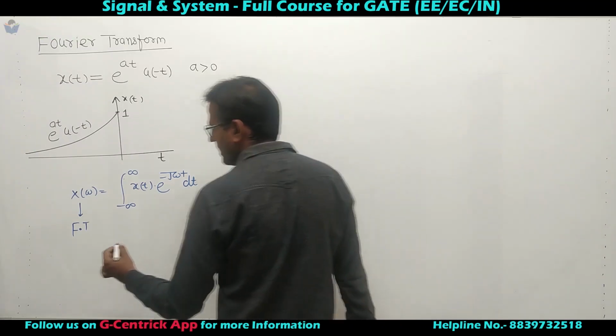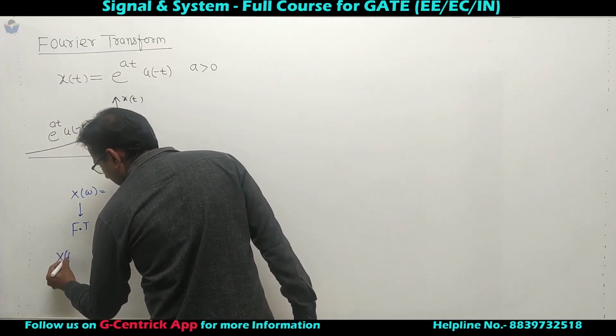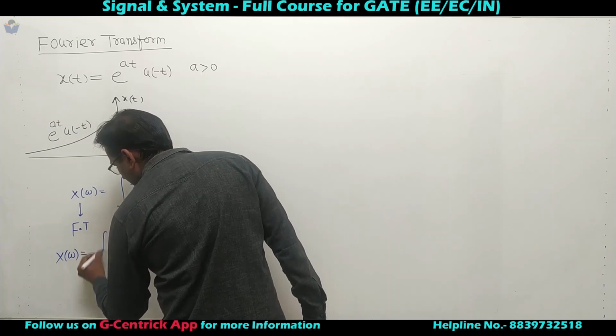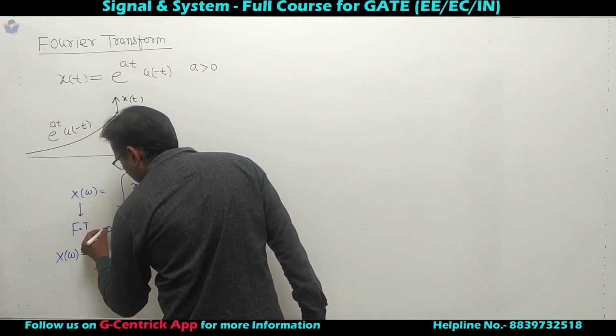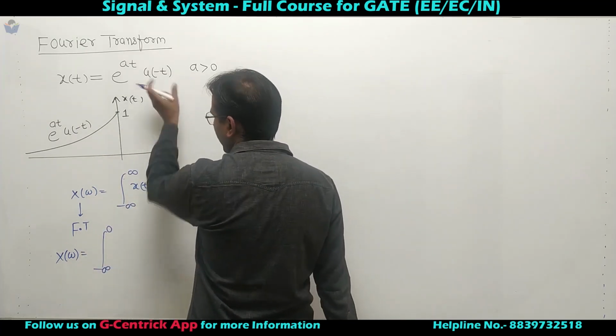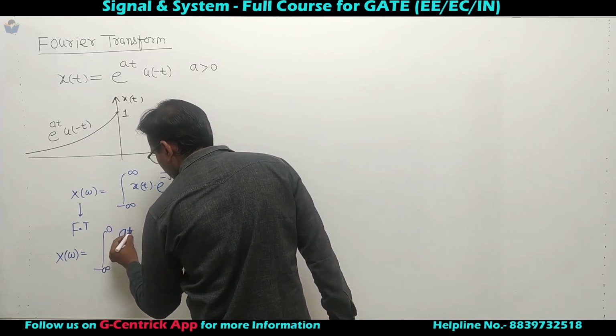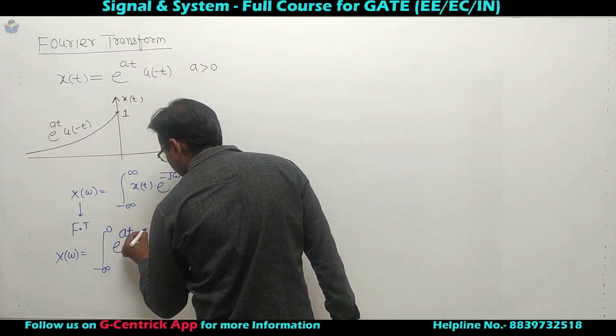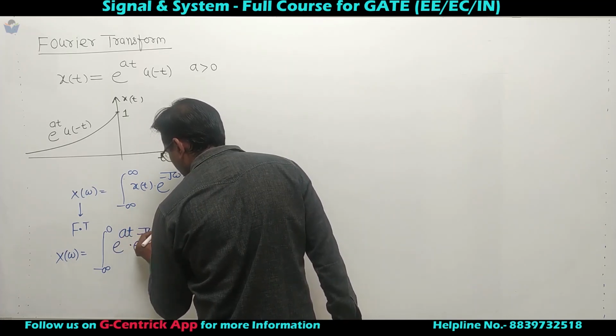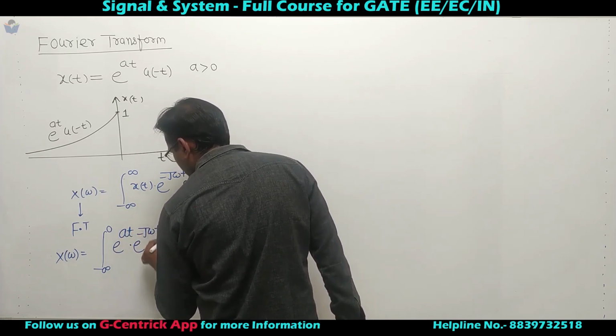I can say that x of omega will be the integral from minus infinity to 0 of e to the power at into e to the power minus j into omega into t into dt.